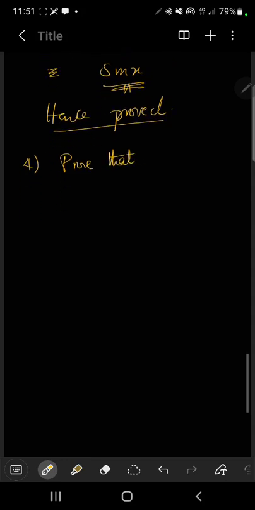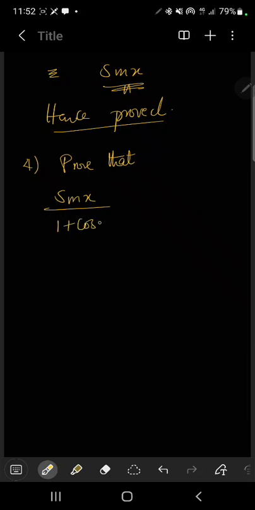which says prove that sin x over 1 plus cos x is equal to 1 minus cos x over sin x.